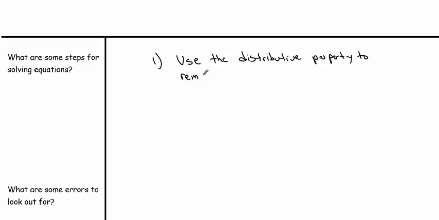You might want to wait on that step, but eventually we will have to remove the parentheses somehow to solve for the variable. So for example, in this equation here, the first step, we used the distributive property to remove the parentheses.